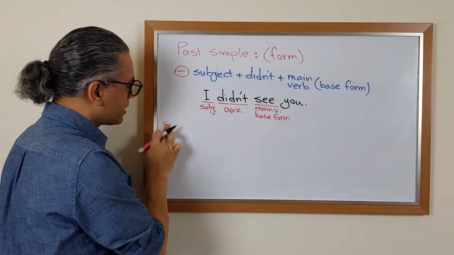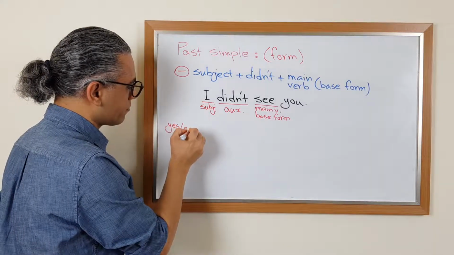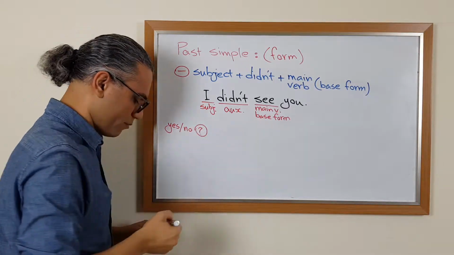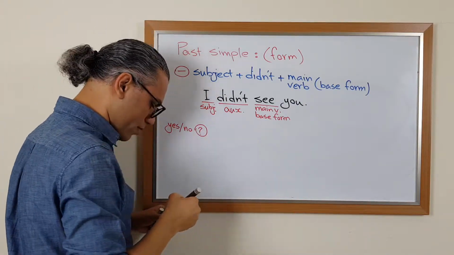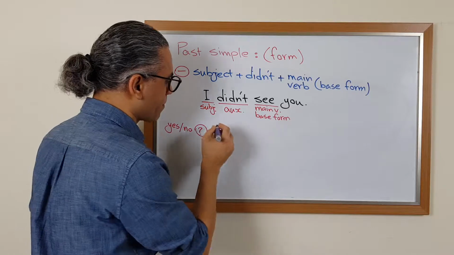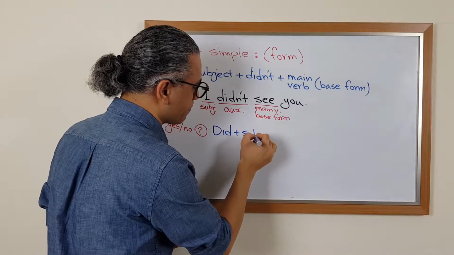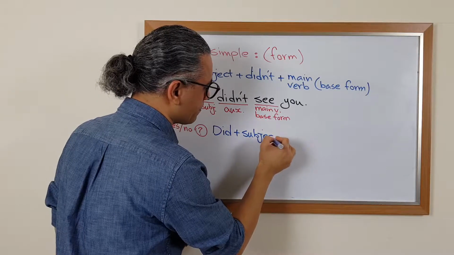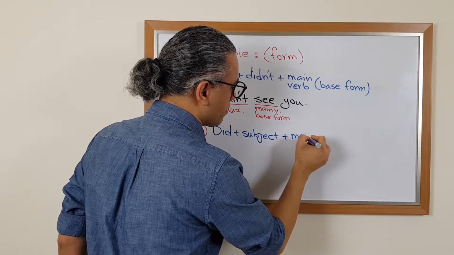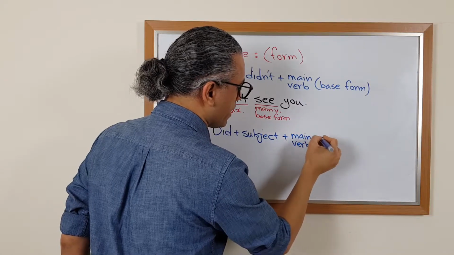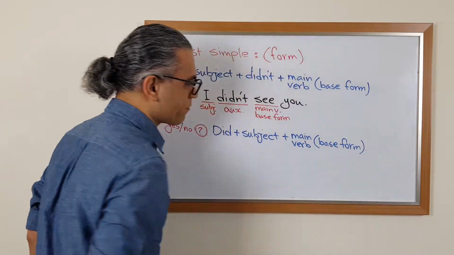Now, how do we write a yes or no question in past simple? We start with did plus subject plus main verb, again in base form.